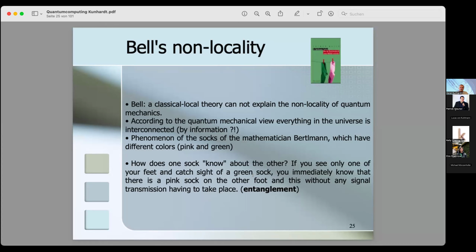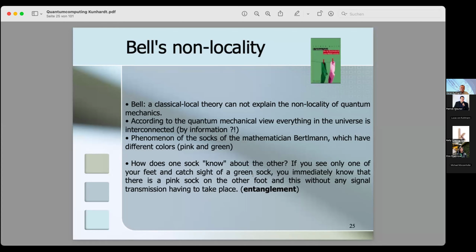I already said we don't have any senses to understand quantum effects. We can't see it, we can't smell it, we can't touch it, and therefore we are only able to know about quantum effects with physical or technical systems.